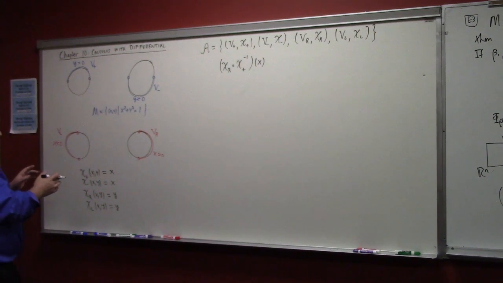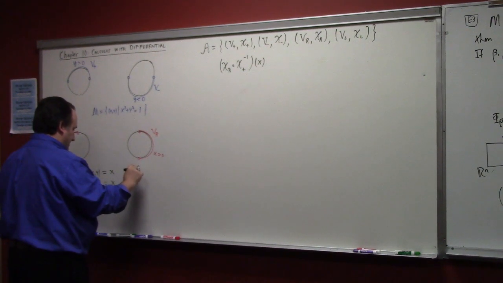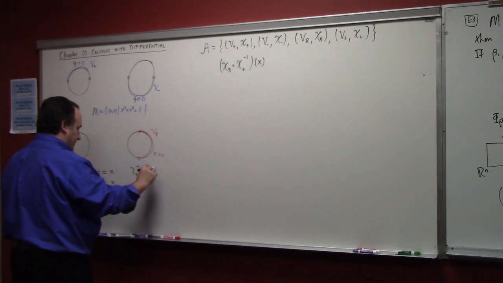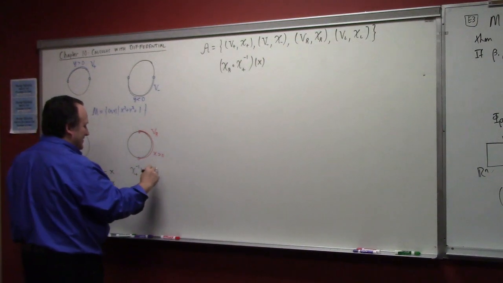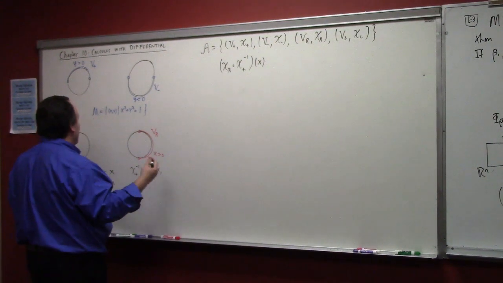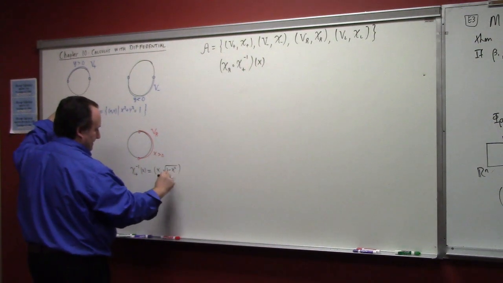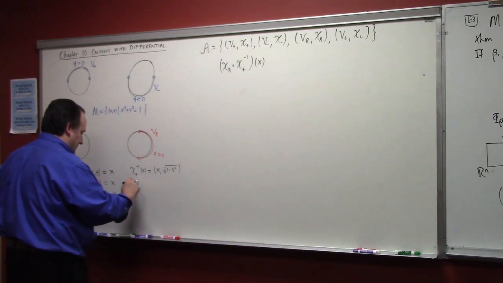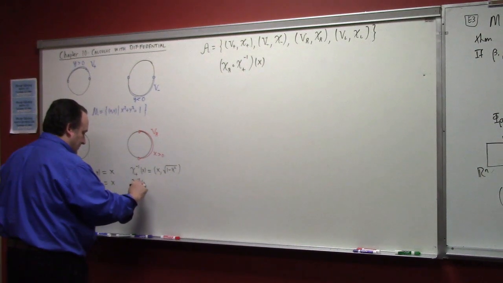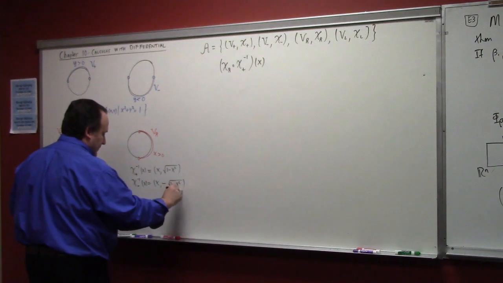So what's chi plus inverse? It's x comma y, right? But to be more accurate, it's x comma which y? It's the square root of 1 minus x squared. The reason is that the inverse of the other one, chi minus inverse, is x comma minus the square root of 1 minus x squared. That gives you the y negative.